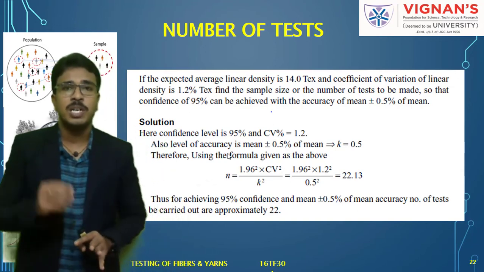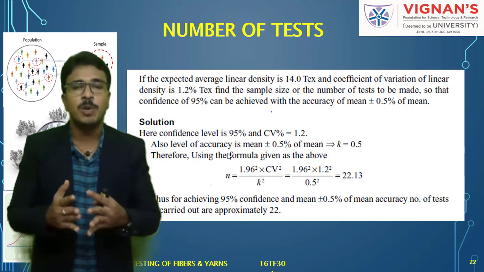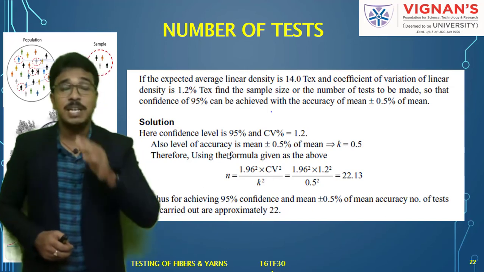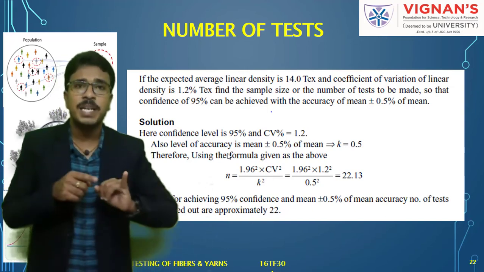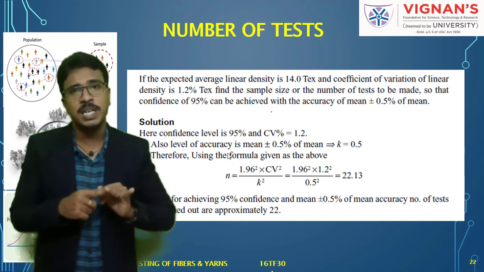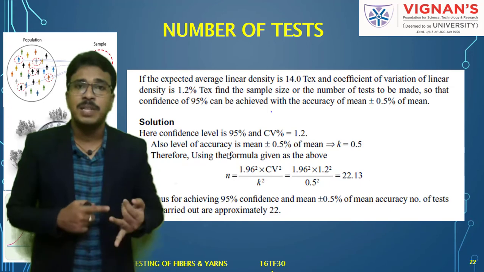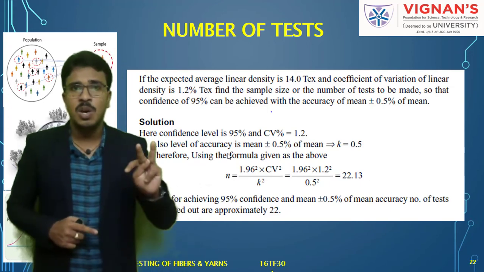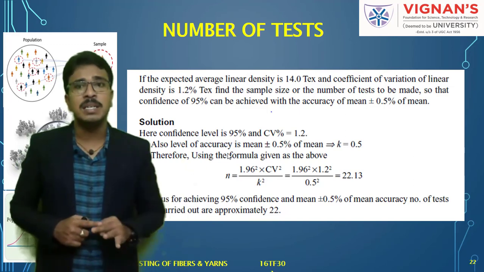Now what is given in the problem? From the problem we can understand the set of conditions: the expected yarn count is 14 tex, with a coefficient of variation, that is variation in the test results, of 1.2 percentage. It should not be more than that.